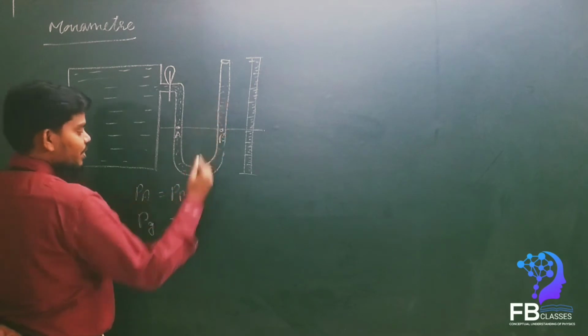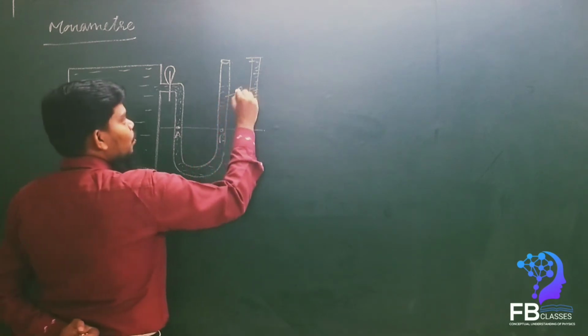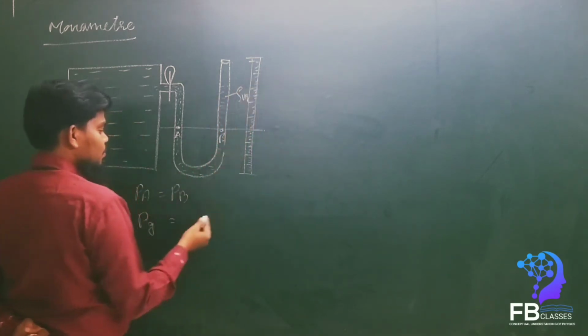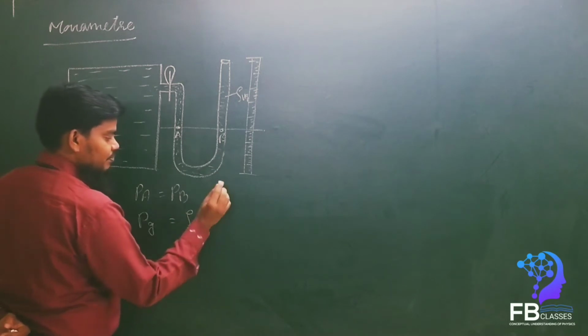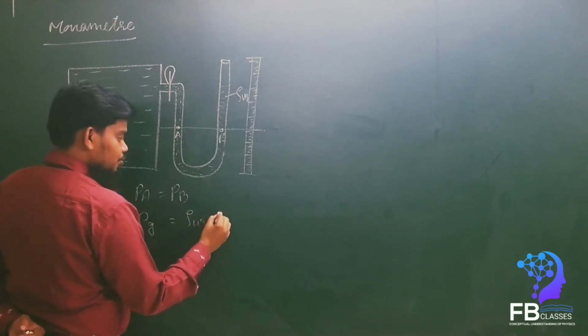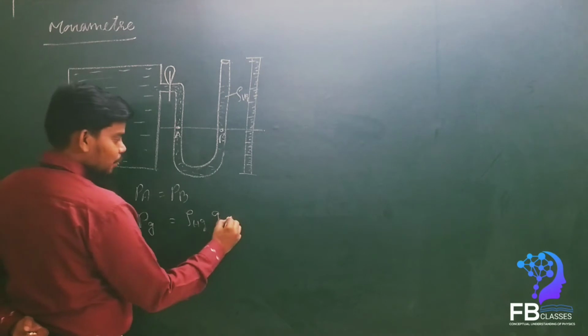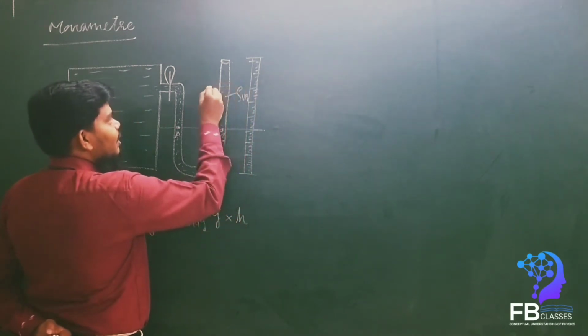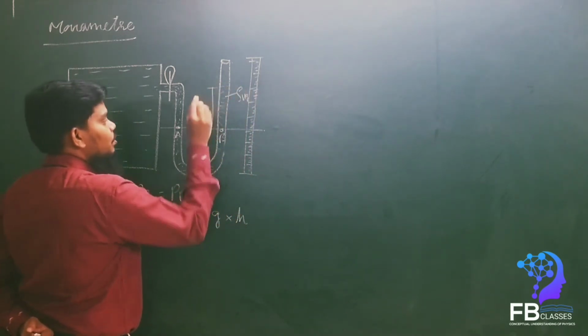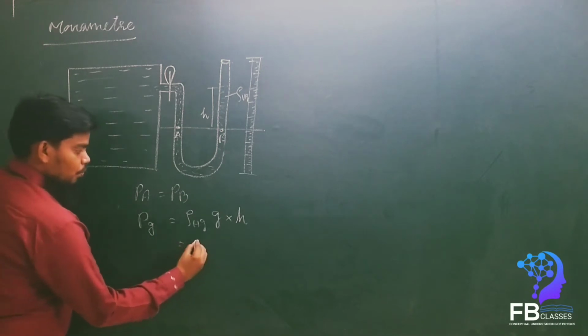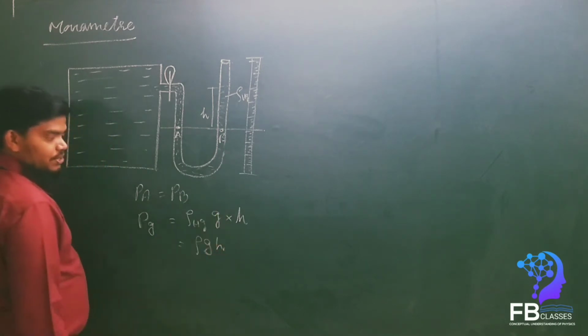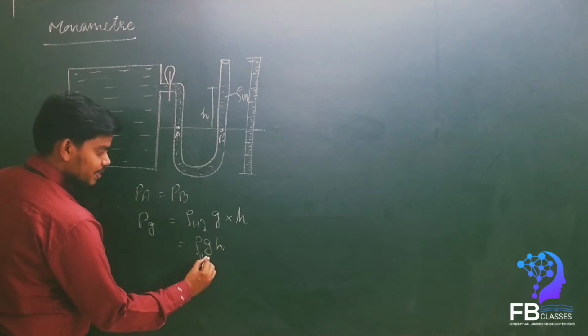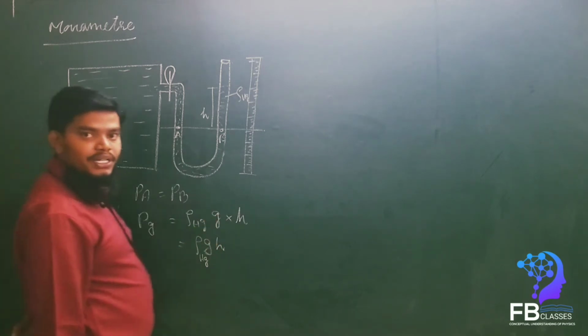What is the PB value here? It is rho Hg, mercury, into g, acceleration due to gravity, into height. Let this height be H. So rho g H. Understand? Rho belongs to mercury, is it not?